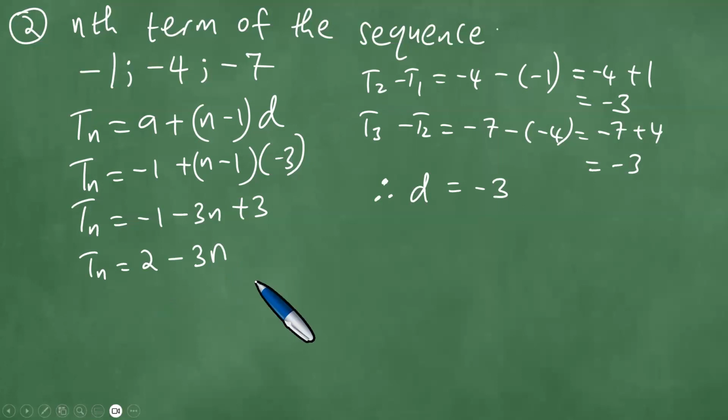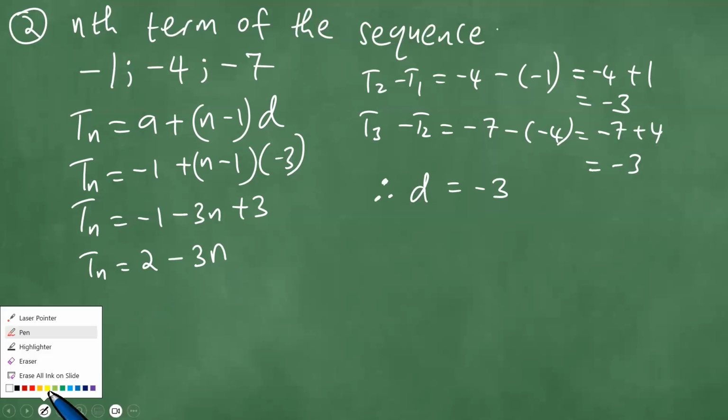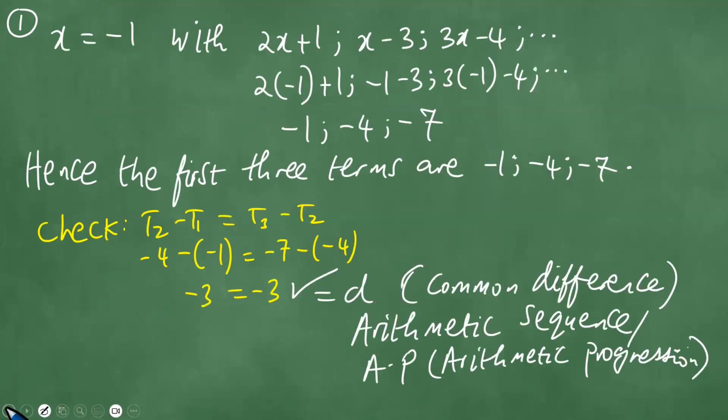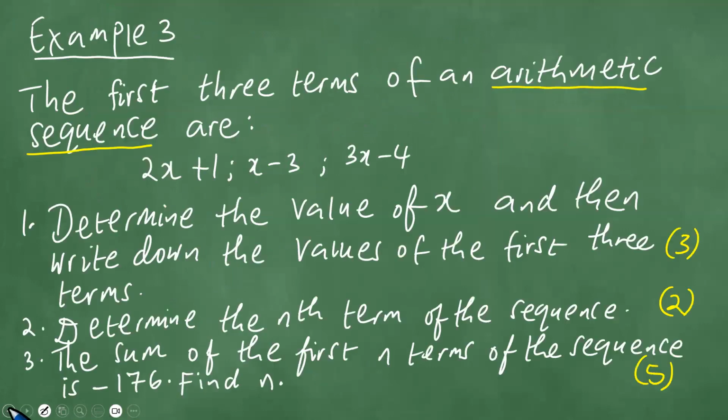Having obtained 2 minus 3n, we see that we just needed the nth term. What did we want? The nth term. And the nth term is 2 minus 3n.